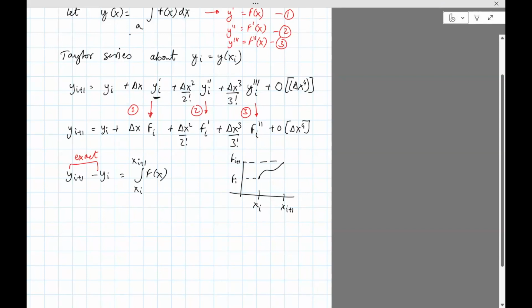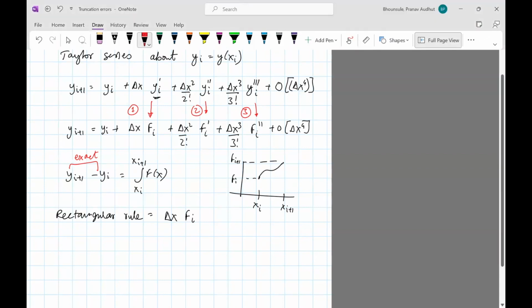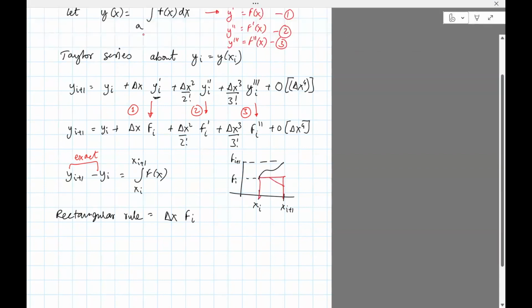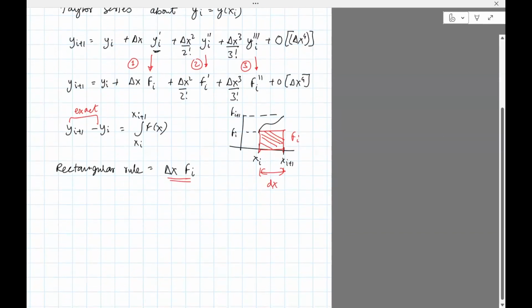What the rectangular rule does, if you recollect, is delta x times fi. This is the rectangular rule. You assume a rectangle whose height is fi and width is dx, and that is your integral.